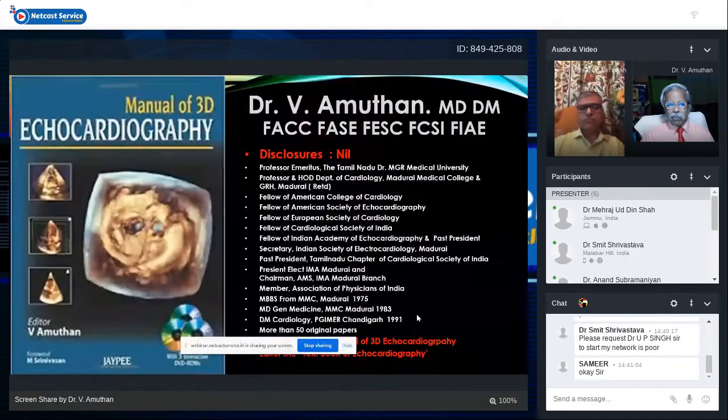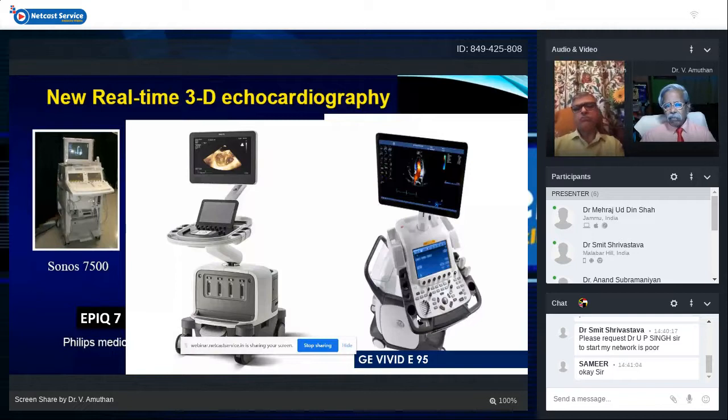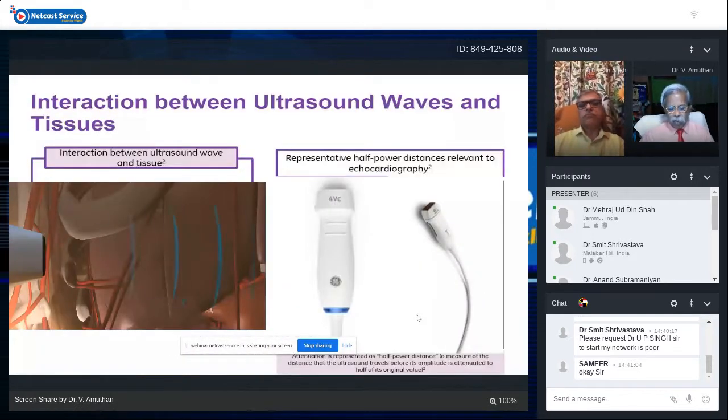And this is where I started 3D echocardiography. I think Parale will be remembering our PGI days. So ultrasound waves or echocardiography is nothing but interaction between the ultrasound waves and tissues.